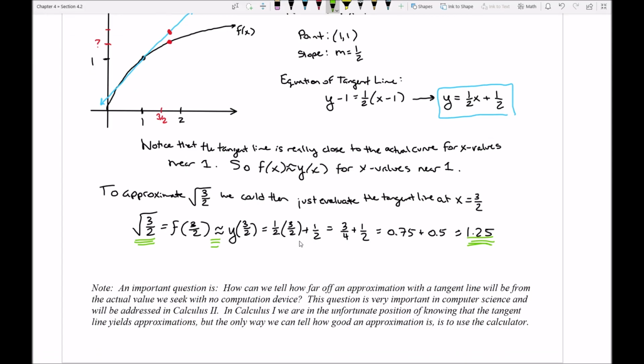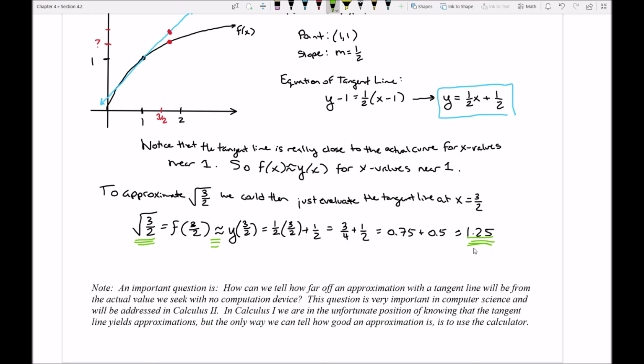Well, one unfortunate thing here is that I can't really answer that question at the moment. It's a very important question in areas like computer science, but this is something that we'll be addressing more in Calculus 2. So in Calculus 1, we're stuck, as I state here, in just providing an approximation, but not really knowing how good it is unless we use the calculator to check it.